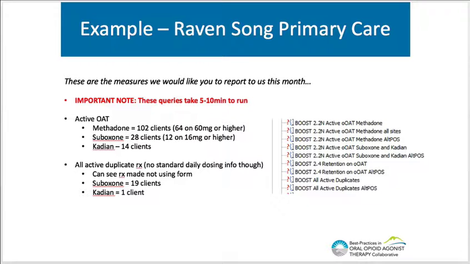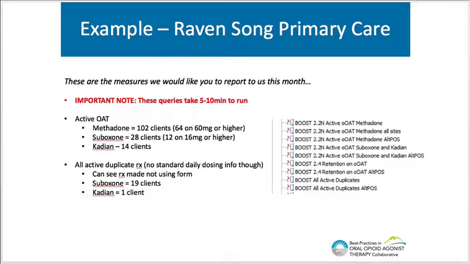Now we know that the OUD form isn't being used 100% of the time, so we can look into this further by this other query I've created called Boost All Active Duplicates. Then you can sort by drug name and figure out how many Suboxone and Cadian exist. And then you can look at whether there is a daily dose entered or not, so that will tell you whether it was created using the form or not, because the daily dose field is only filled out if you use the form.